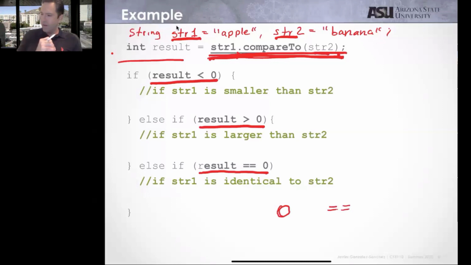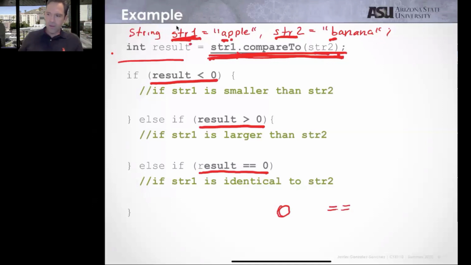Now, in this scenario, str1 is apple. Apple, A goes first before B. For this example in particular, the first string is lower than the second string.